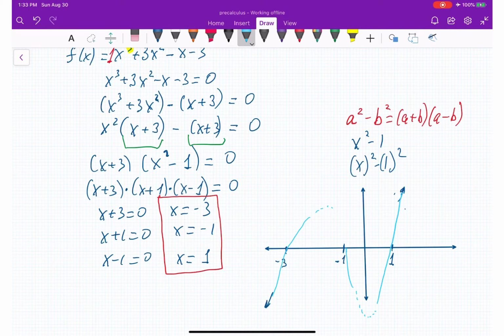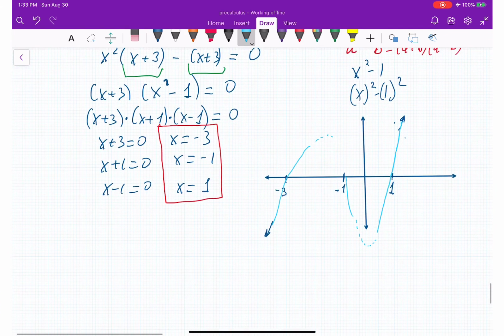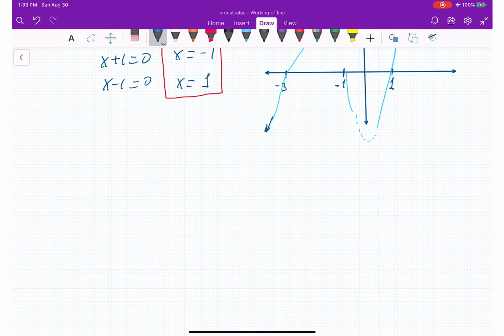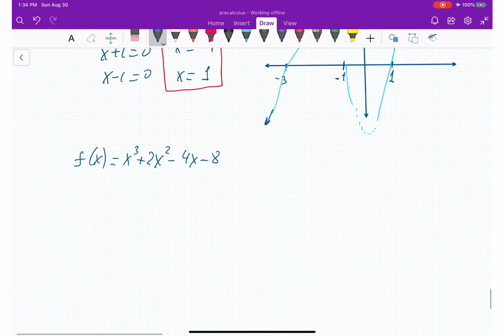Next example. To find zeros, f of x is equal x cubed plus 2x squared minus 4x minus 8. Okay, so here are also 4 terms.